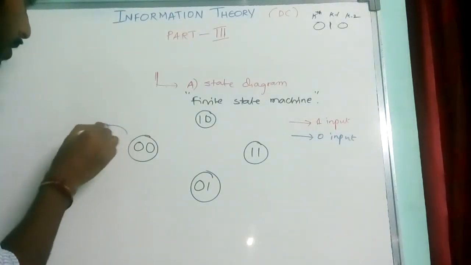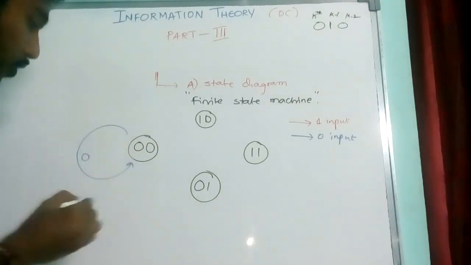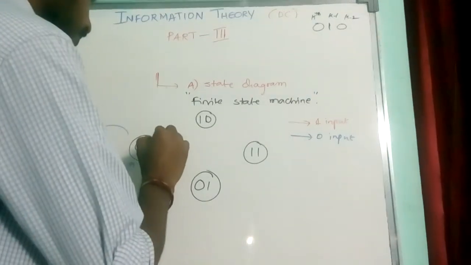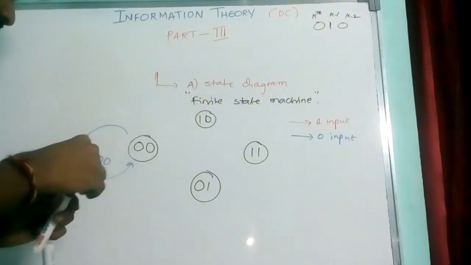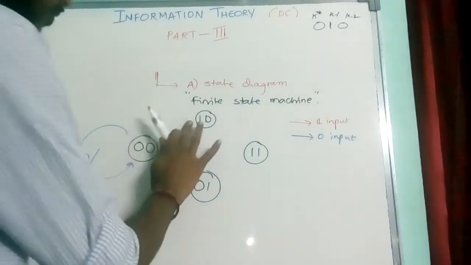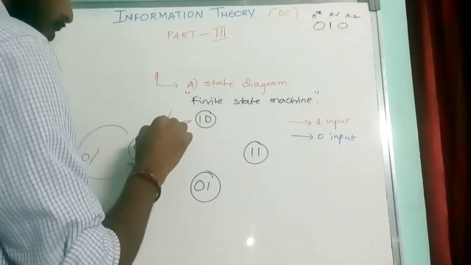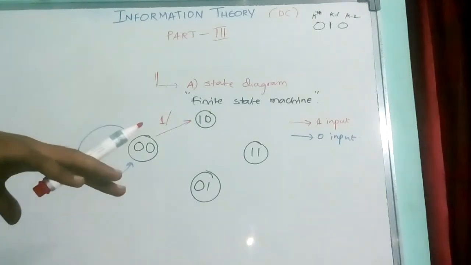This is how a state machine works. My input is 0 and my output is also 0. Whenever I am at state 00 and my input is 1, I'll move to the 10 state. I'll tell you how we got the outputs; first we consider only the inputs. Now I am at the 10 state.